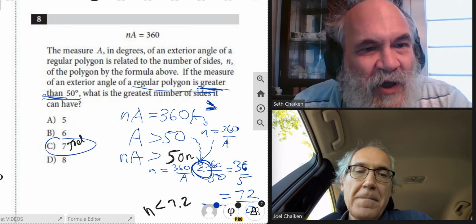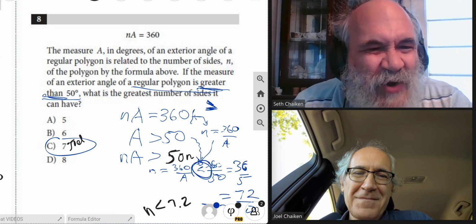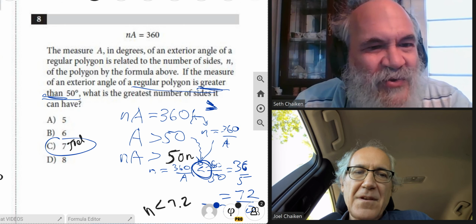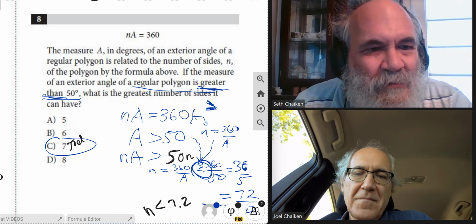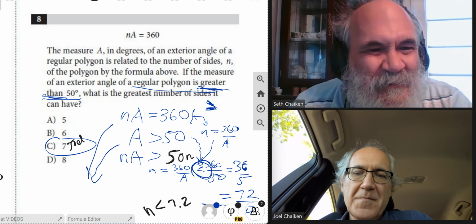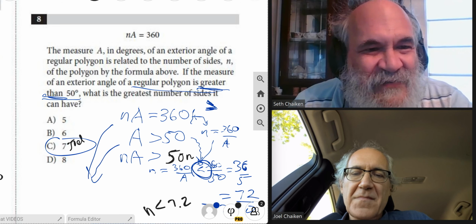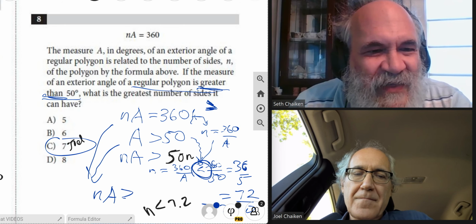Okay. Well, I made again a blunder. I wrote down these facts, and then I threw at it the operation of multiplying both sides by N, which didn't really help. What we need to do is combine these two facts directly. NA is greater than 50, and therefore NA is greater than 50N.